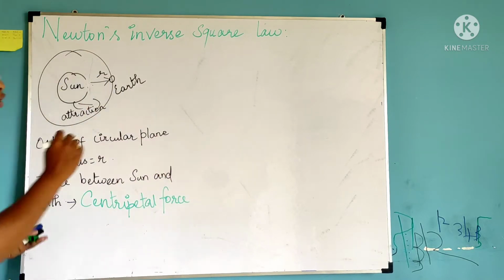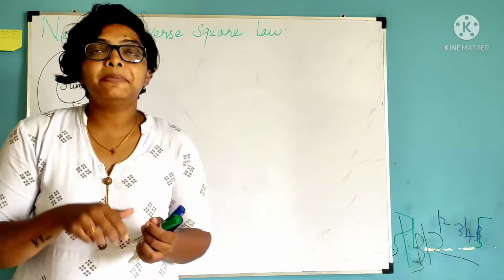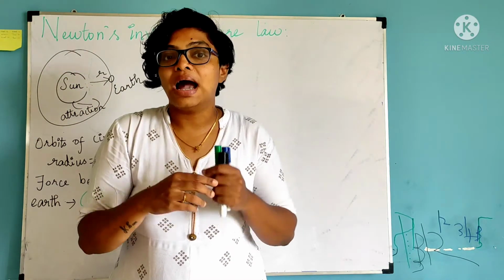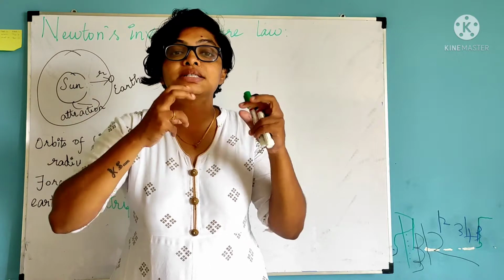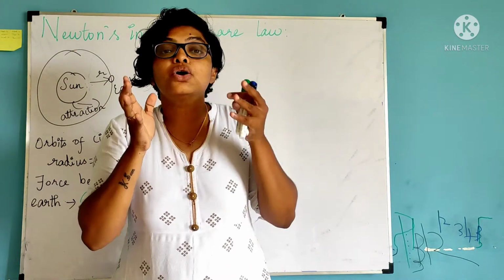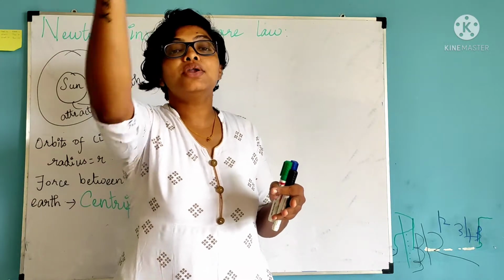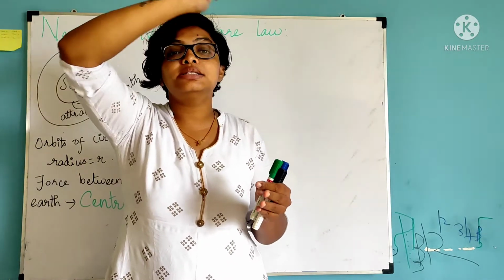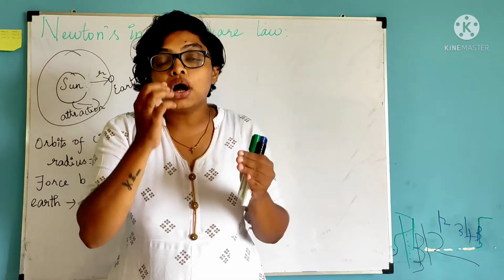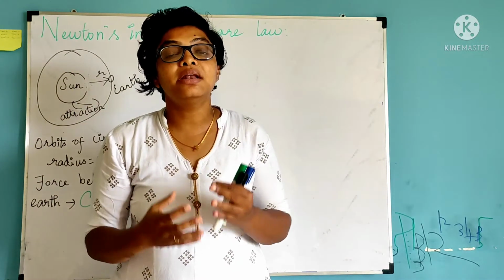What is the meaning of centripetal force? For example, if you have a thread and stone in your hand and you are tying that stone with the thread and you want to rotate it, you have to maintain a constant speed so that you can rotate that thread and stone along a circular orbit. If you are not maintaining a constant speed, what happens?